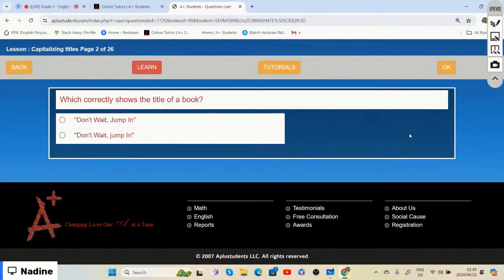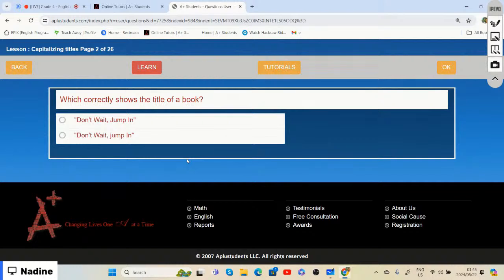All right, which shows the title of a book? Is it option one, which says "Don't Wait, Jump In"? Or is it option two, "Don't Wait, jump In"? Option one or option two? Which one is correct? Both look the same, but there is a slight difference.